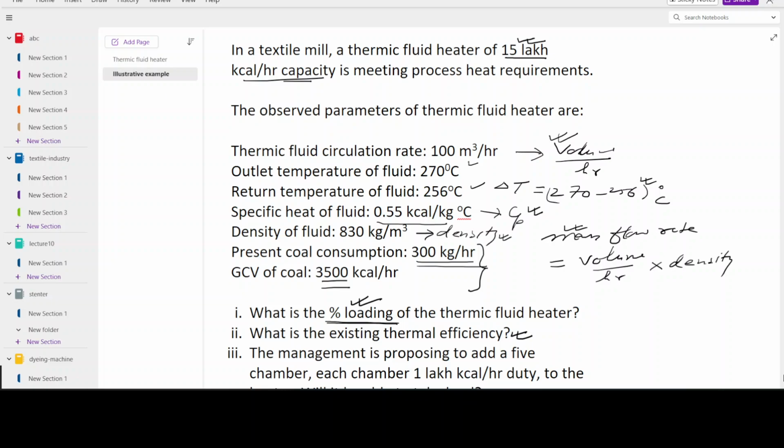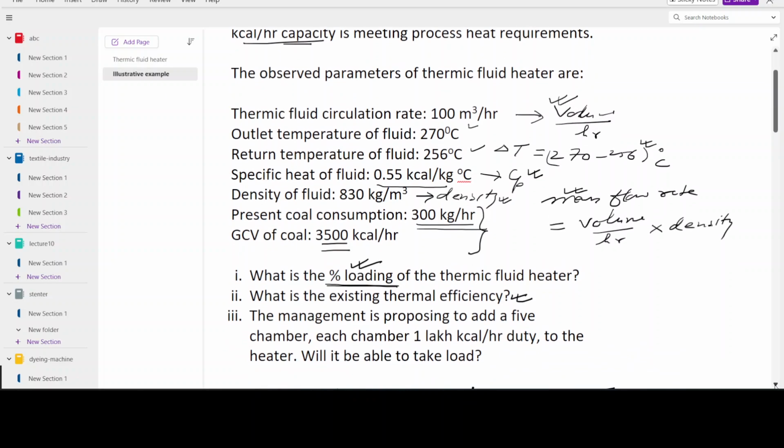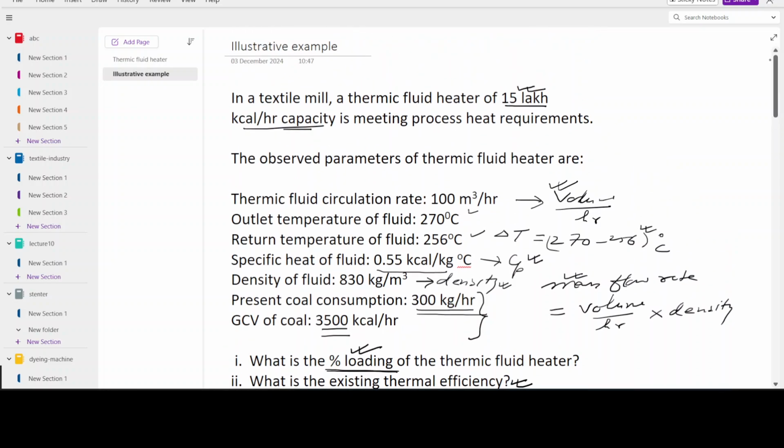And then it was said that 5 new chambers are being proposed of 1 lakh kilocalorie per hour duty. Will that be feasible? Will it be able to take the load? The answer is yes, because the total load after adding this proposed load is below the 15 lakh kilocalorie per hour capacity, so it is feasible.